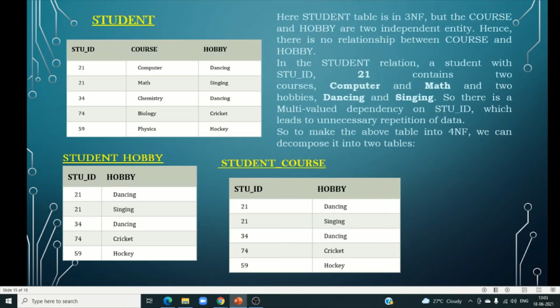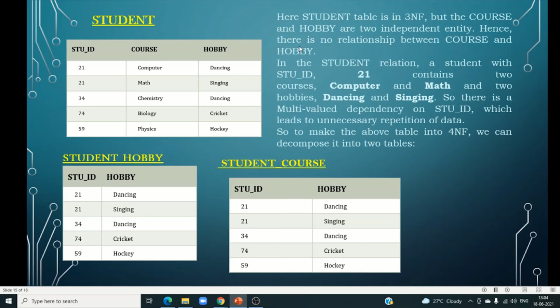For example, here I am taking one table with the student ID, which is the identification for the student, the course the student joined, and the hobbies the student has. If we know the student ID, we know the course related to that student. If we know the student ID, we know the hobbies related to that student.